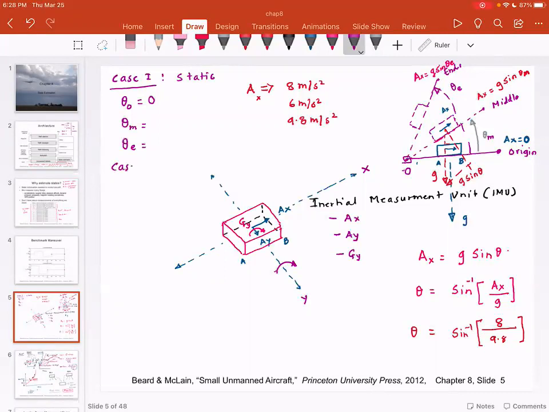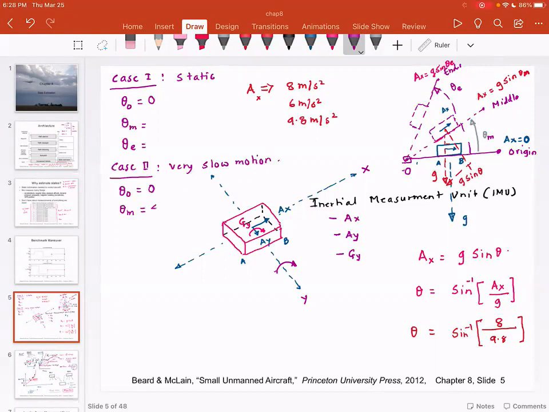Case 2 is very slow motion, very slow motion. In that case, I can find out the value of theta 0 is 0. I can find out theta m, and this is going to be some non-zero value.